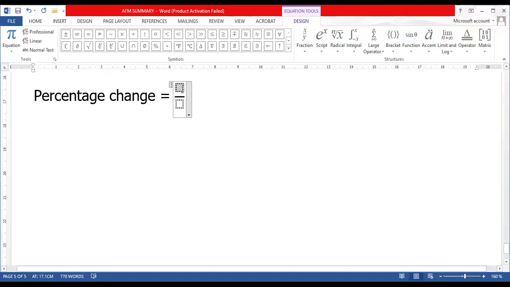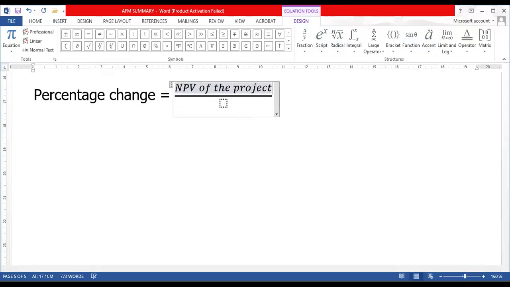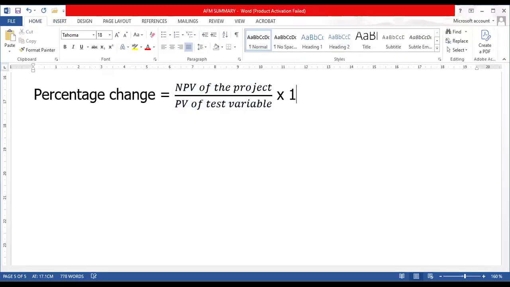Percentage change is equal to the NPV of the project over the present value of the test variable, or estimate, times 100. That's how we are going to know the sensitivity or the change.